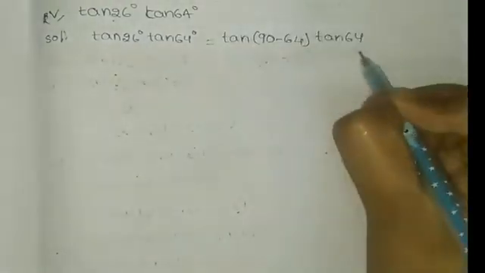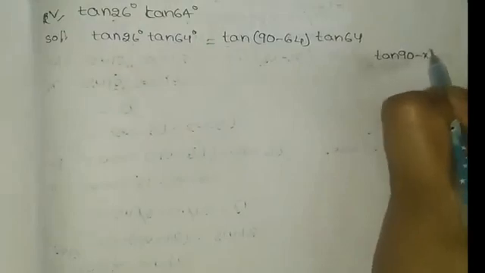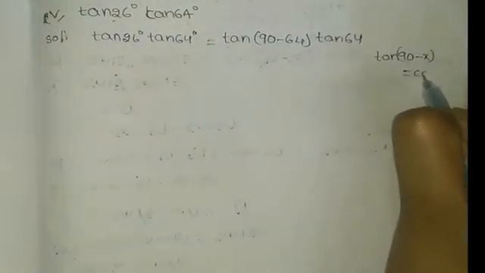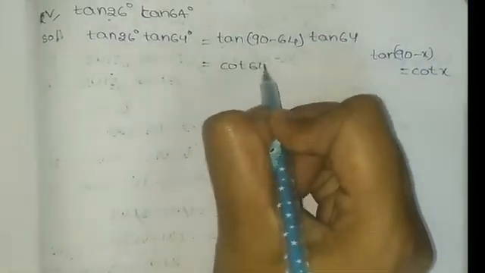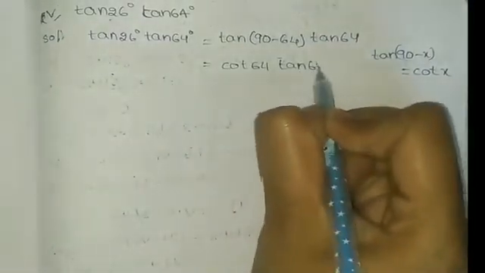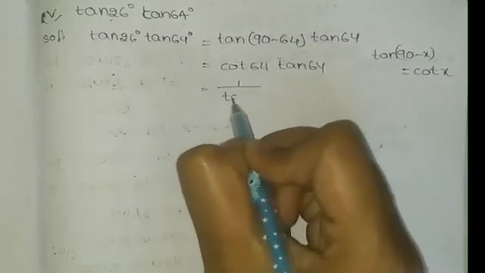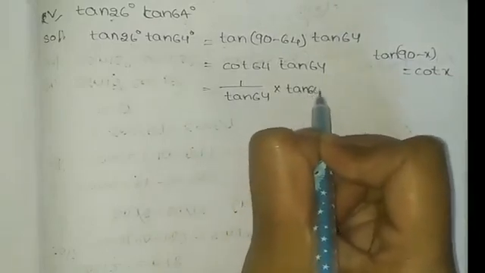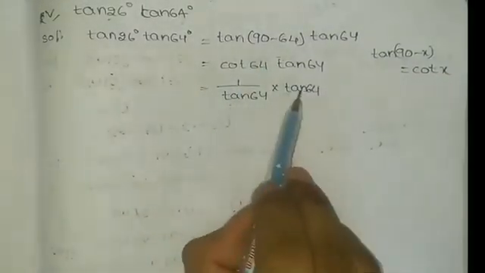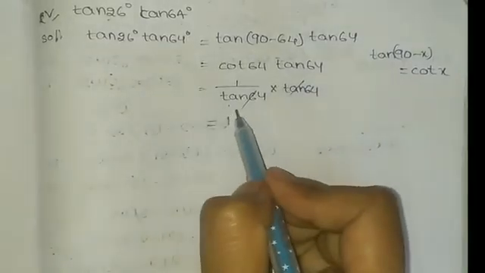Here we can apply the formula tan 90 minus x is equal to cot x. So here cot 64 tan 64. Cot 64 is nothing but the inverse of tan 64. Tan 64 into tan 64, so tan 64 cancels. So the answer is 1.